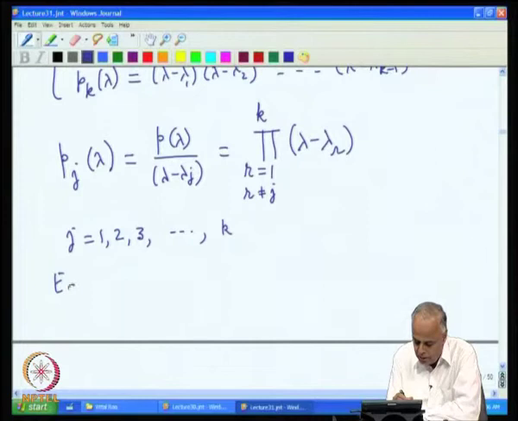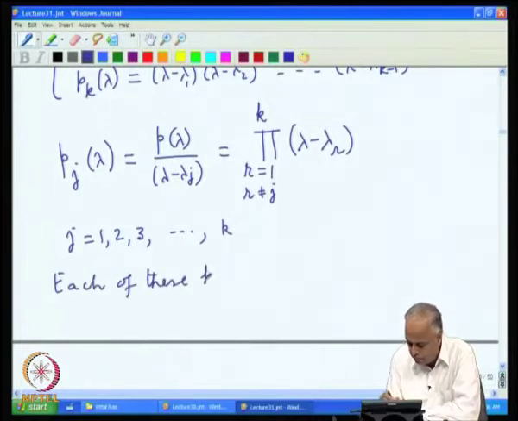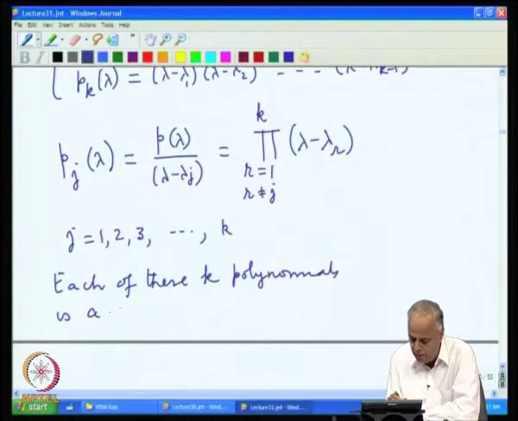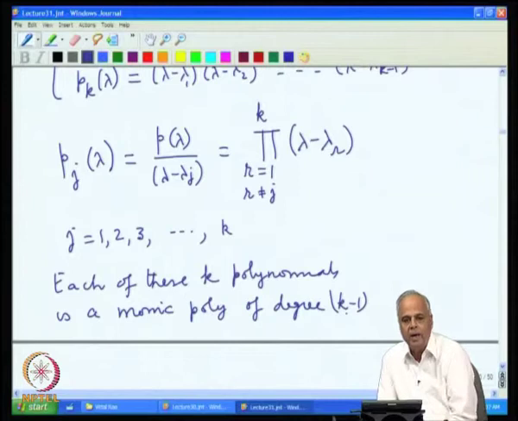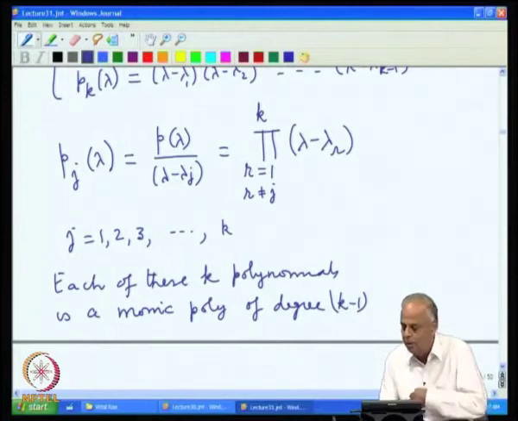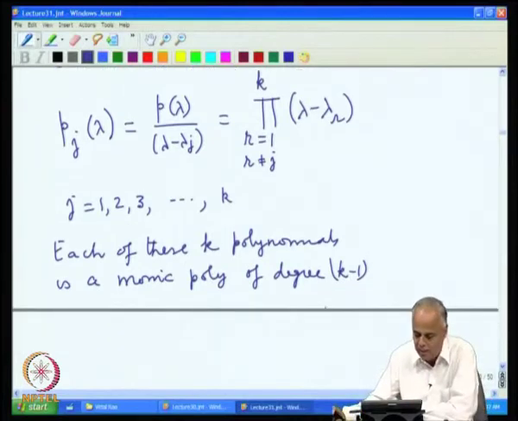So, each of these k polynomials is a monic polynomial of degree k minus 1, because p was of degree k. Now, we removed one factor. So, the degree becomes k minus 1.